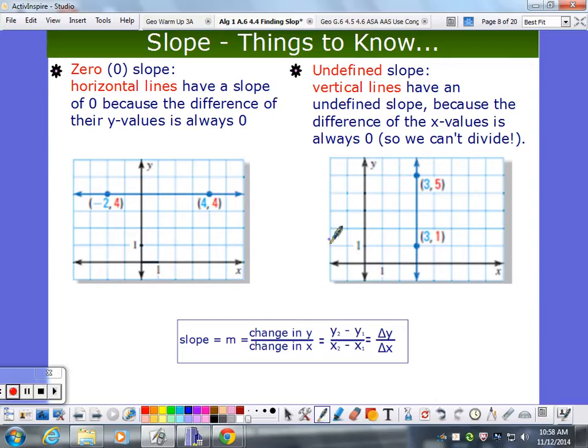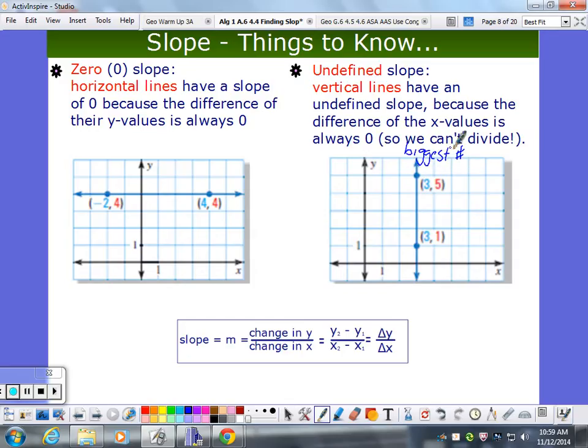Okay, now an undefined slope. We talked a little bit before about how we're assigning numbers to steepness, right? There's 0 steepness here. This is as steep as it gets. I can't get any steeper than that, so I am going to assign the biggest number we have to this. And the biggest number we have is infinity. Infinity's not a number, it's a concept, right?